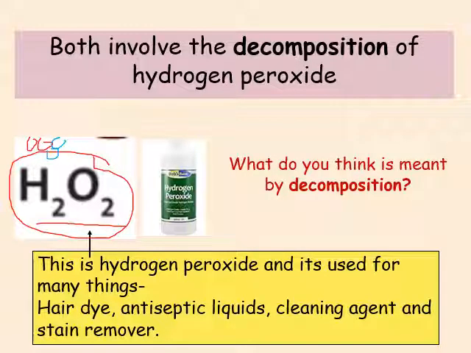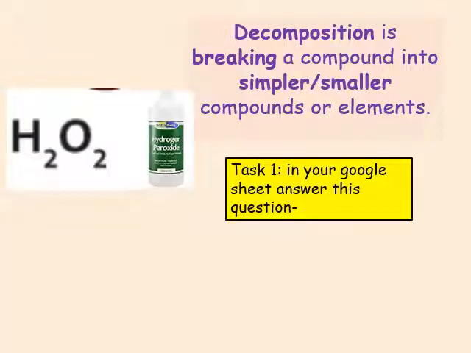But what do you think is meant by decomposition? The word decomposition. Have a little think. Pause the video if you need to. Decomposition means breaking a compound into simpler, smaller compounds or elements.